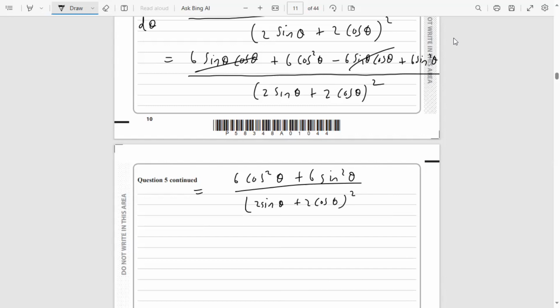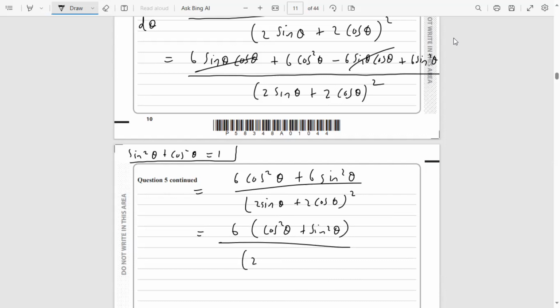Okay, right, so hopefully if you know your trig identities, you will know that sine squared theta plus cos squared theta is 1. Now, if you look at the top here, we can actually just factorize out the 6. And what we'll get is cos squared theta plus sine squared theta, times the 6 we factorized out.